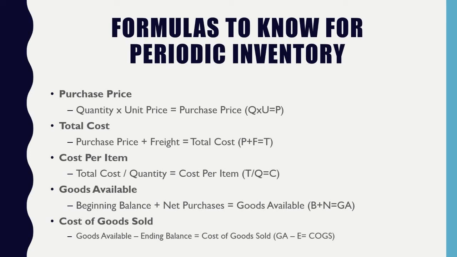Goods available is your beginning inventory plus your net purchases, and cost of goods sold is your goods available minus any ending inventory. These are all the same formulas we're going to use in the worksheet. However, the way that we calculate the total cost for the cost of goods sold is where it's different.